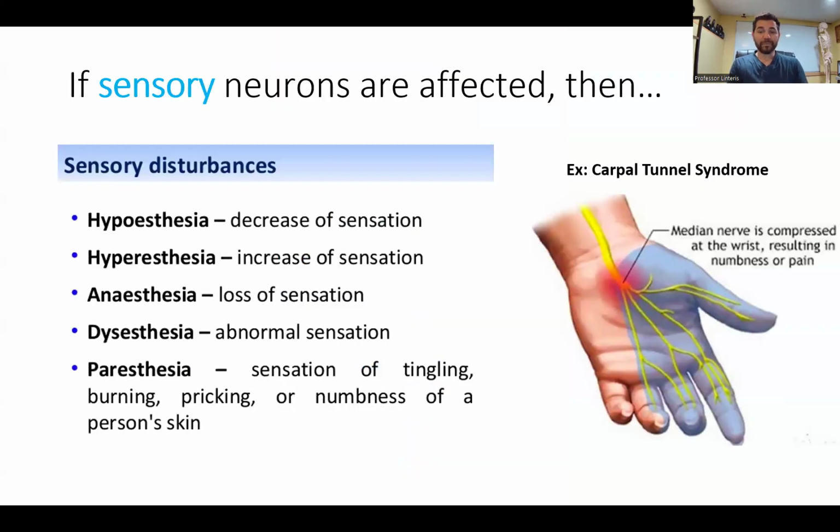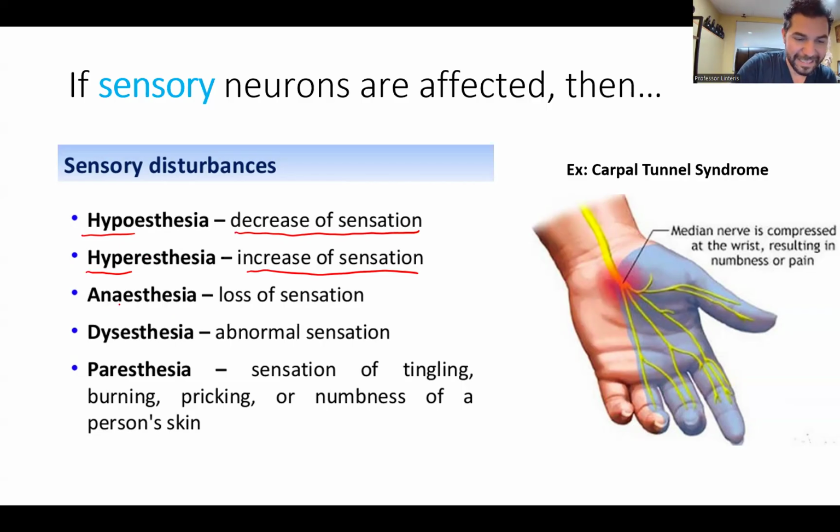So, speaking about issues with sensory neurons, right? A lot of people are familiar with carpal tunnel syndrome. You can have nerve damage, you can have spinal cord damage, and we'll break down a few as far as decreased sensation, right? Hypo means less, low, or decreased. Hyperesthesia is increased sensation, right?